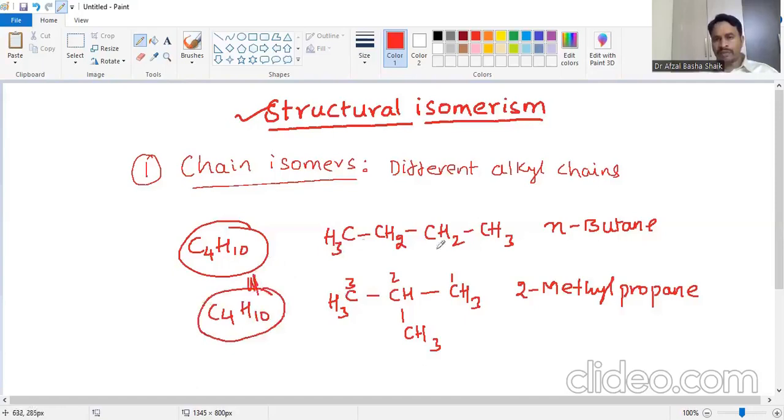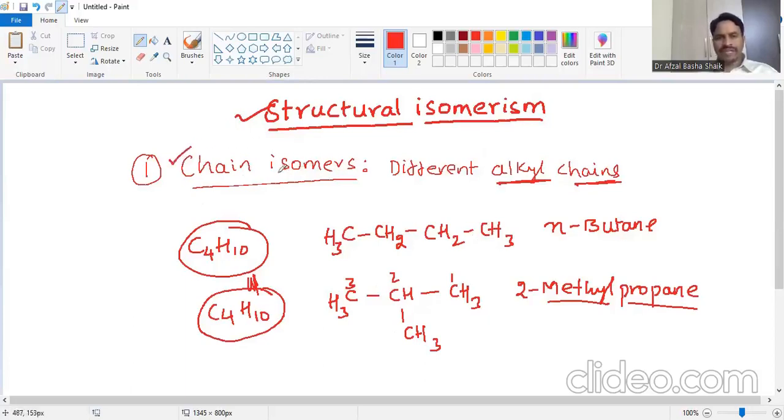But here you have a 4-carbon chain, while in this case you have two types of chain: the propyl chain, the 3-carbon chain, and the methyl chain. That is why the name is methylpropane. So the molecules which have different alkyl chains, in this case one butyl chain, whereas in the other one methyl and one propyl chain, are generally called chain isomers.